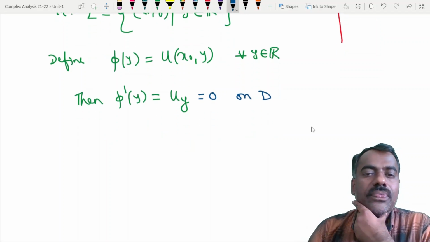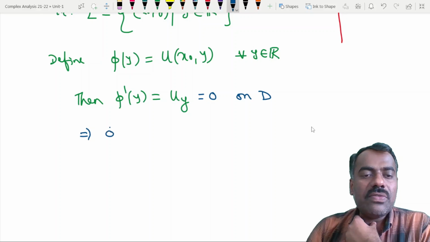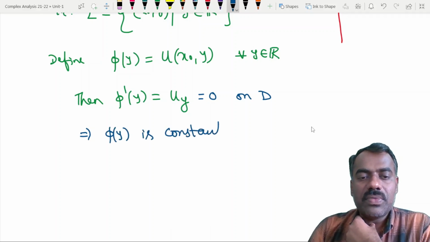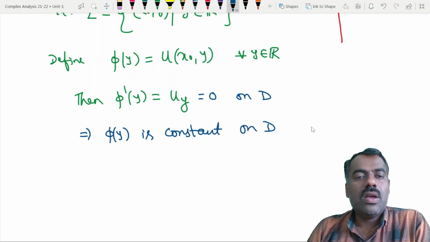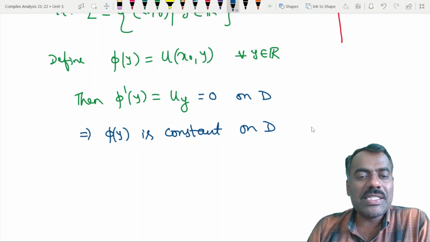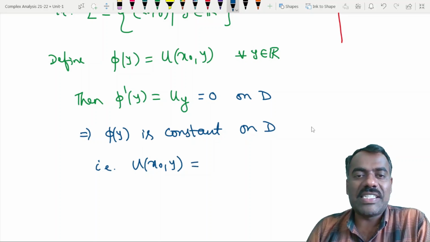So now this is a real function which is 0 on D, that implies phi of y is constant on D. Because phi of y is u of x naught comma y, which is equal to a constant, whatever y it may be.